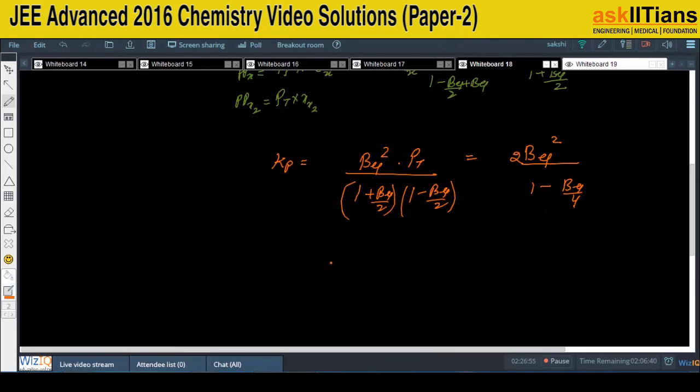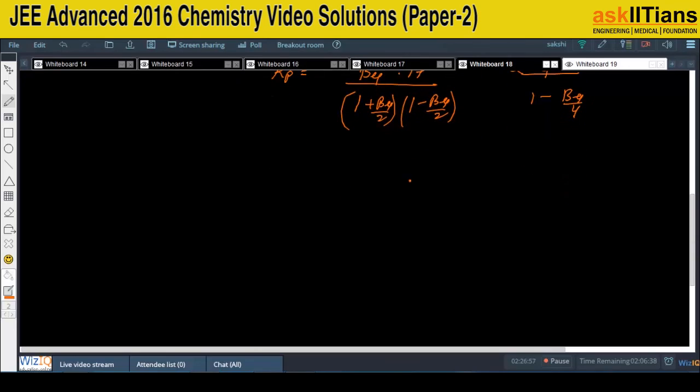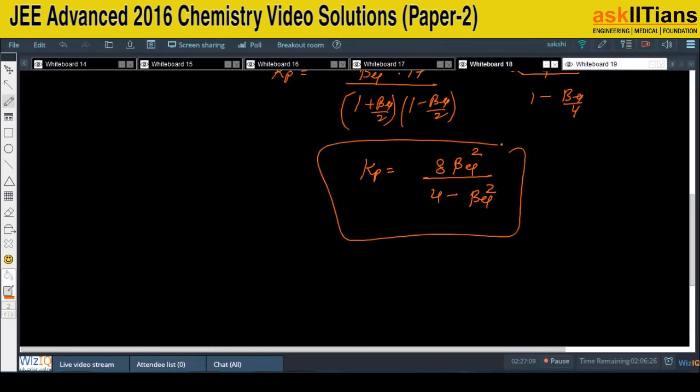And hence, to compare it to the answers that have been given to you, you can simplify it as 8 into B equilibrium square divided by 4 minus B equilibrium square. So this is the value of Kp.